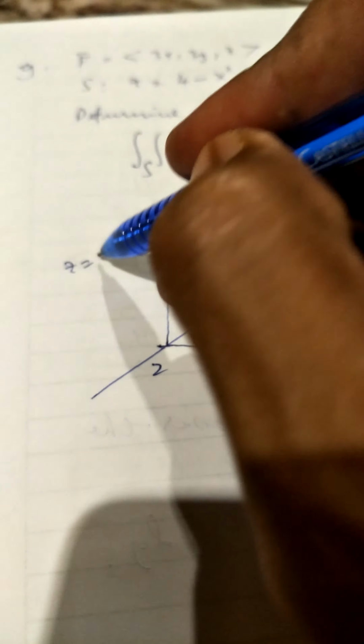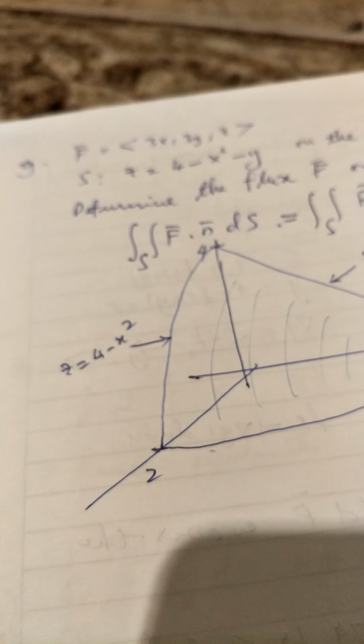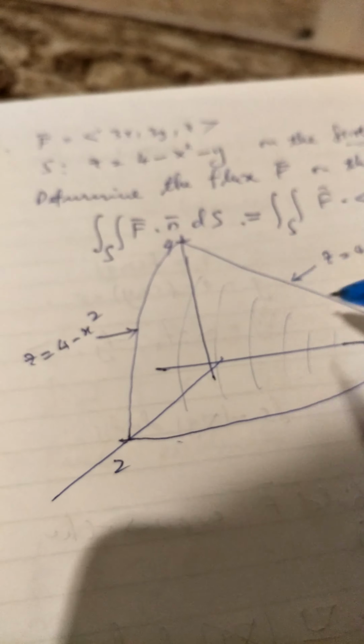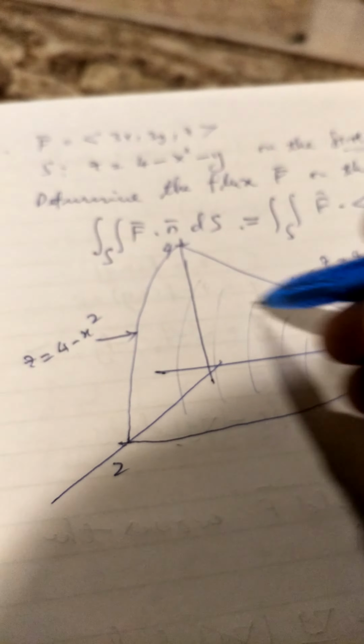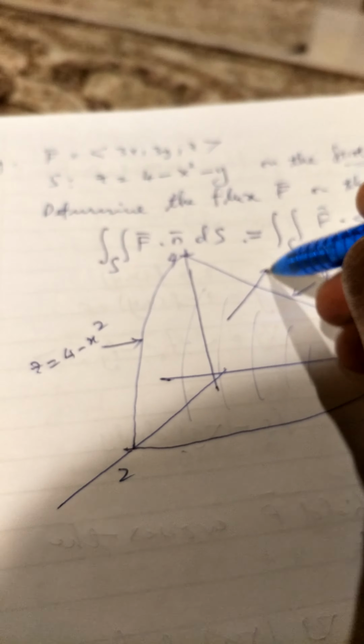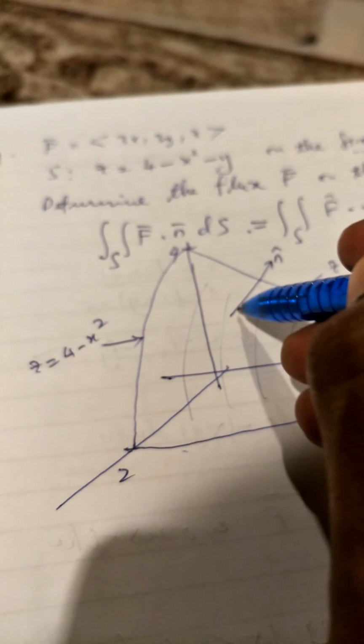So this line here is z equal to 4 minus y. This line here is z equal to 4 minus x squared. And n is a unit normal to the surface.